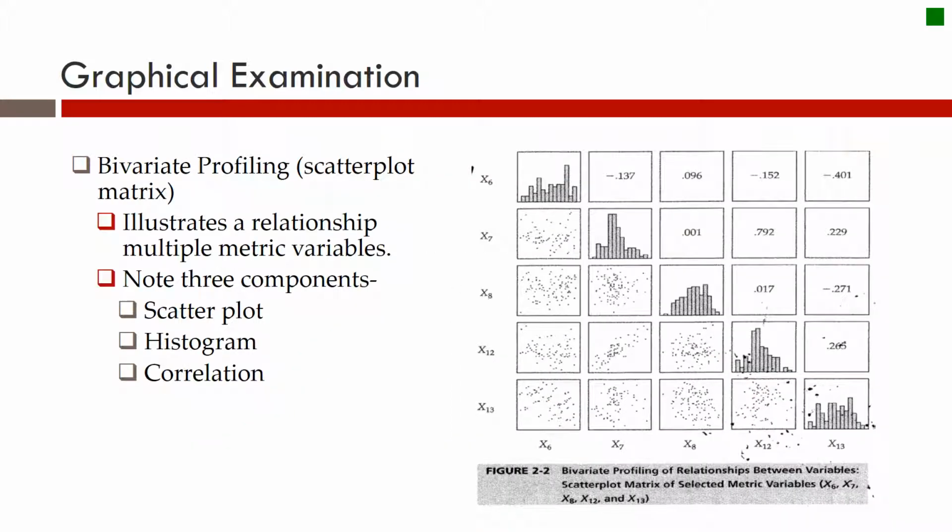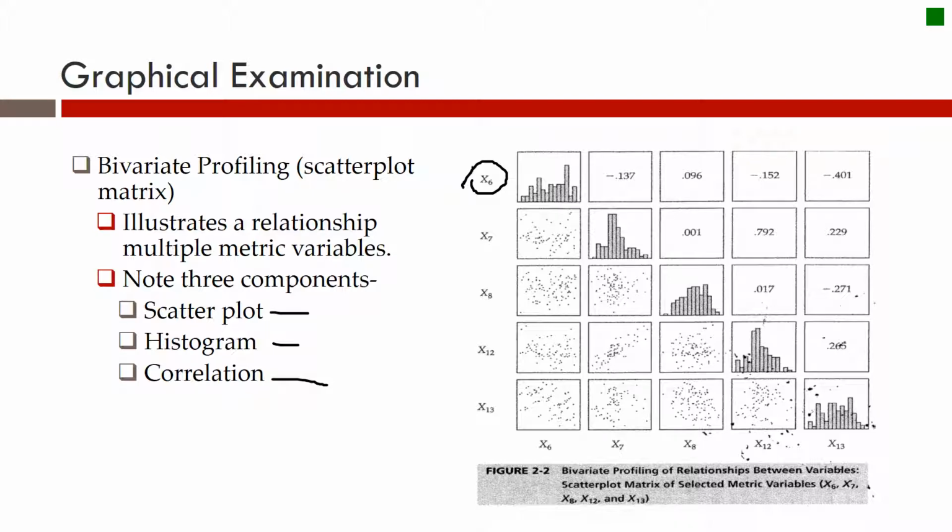Another graphical examination or description is a bivariate profiling matrix, which is extremely helpful. This shows in one grid three very important things when you have two or more variables. First of all, in the diagonal, each variable's histogram.